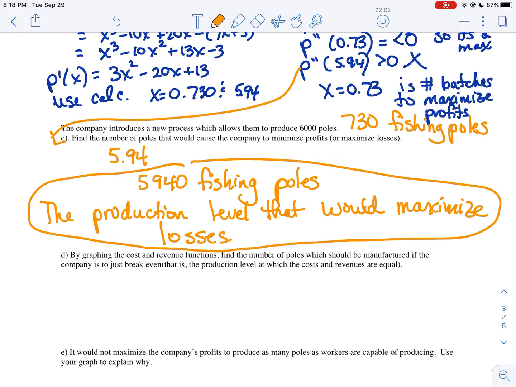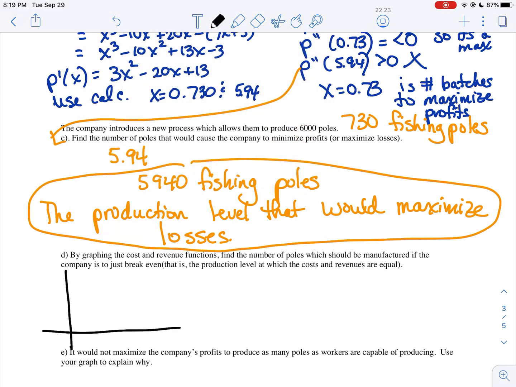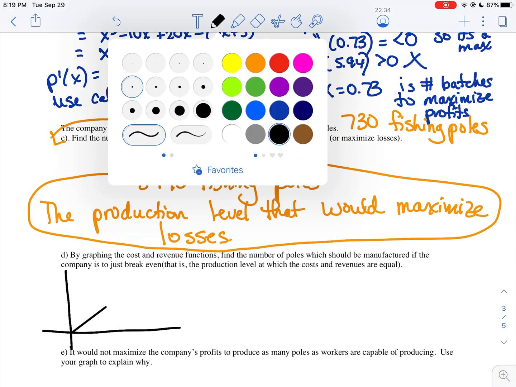All right, it says by graphing the cost and revenue functions, find the number of poles which would be manufactured if the company is to just break even. That is, the production level at which the costs and the revenue are equal. Okay, so let me make a rough sketch. So what you would do is plot the revenue. Okay, so let me change colors here.